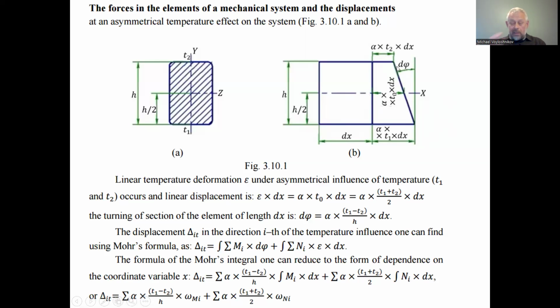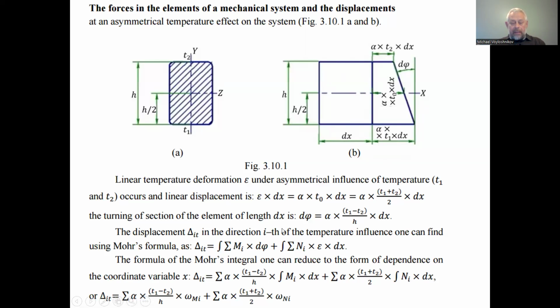So the small angle d phi, as we consider the rotation of the small beam of length dx, considering the embedding of the left side of the beam. So the left side does not move, and only the right side moves, due to the difference of the temperatures on the upper side of the beam and the lower side of the beam.